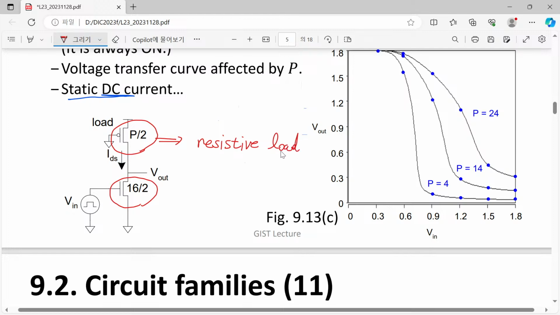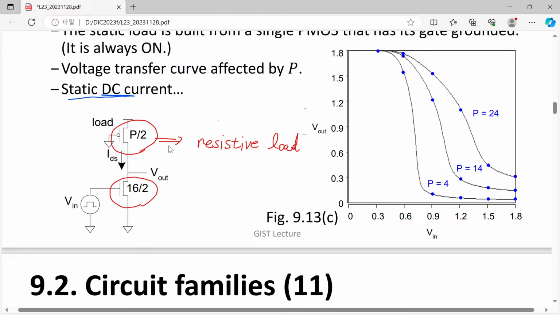We adopt this because the PMOSFET is not as powerful as the NMOSFET, and in terms of speed, we wanted to avoid using it as an active transistor. That's why we just use it as a resistive load.